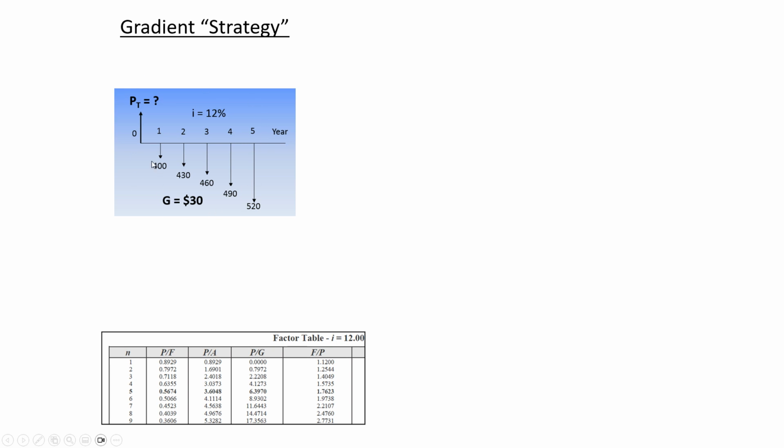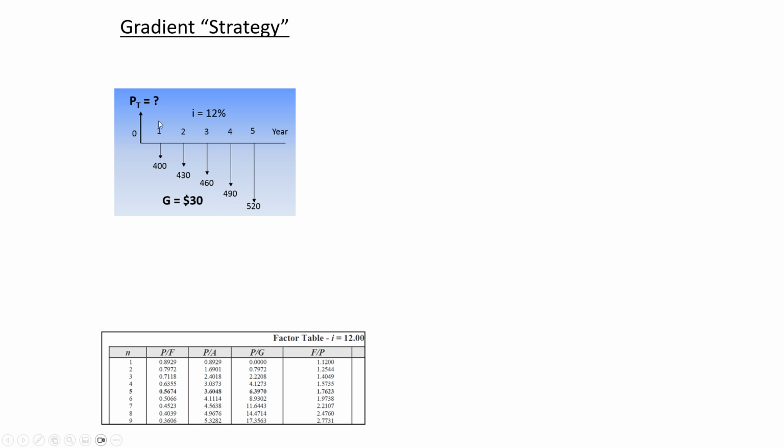What we see here is the combination of an annual series and a gradient where the increasing amount in successive years is $30. And so the strategy, the problem-solving strategy for how you would find what is the present value equivalent of this option T, the subscript here T, is just saying, you know, this was one alternative that is being considered, and we're trying to find out what's the present equivalent.